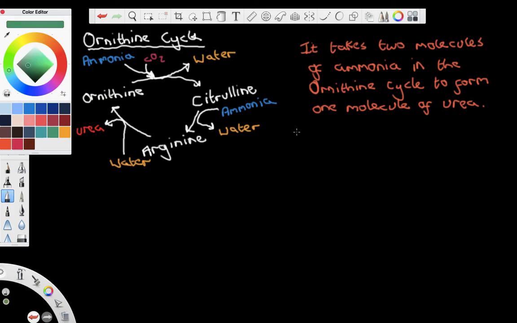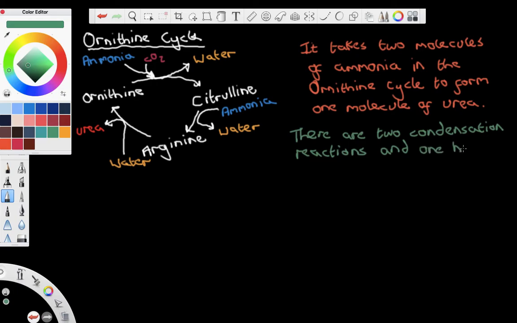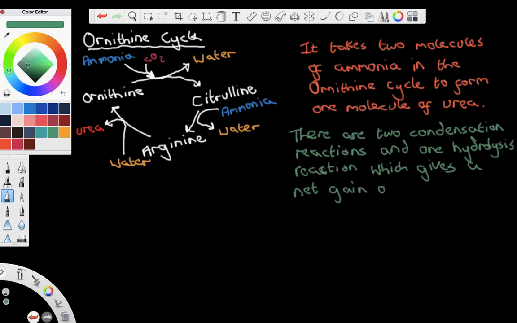So we can say that there are 2 condensation reactions, so we're removing water twice, and 1 hydrolysis reaction, which gives a net gain of 1 water molecule.